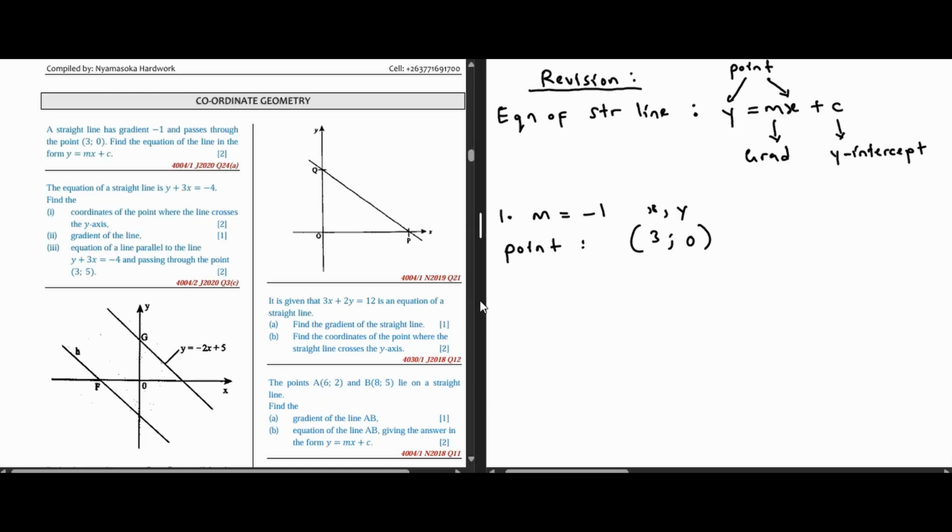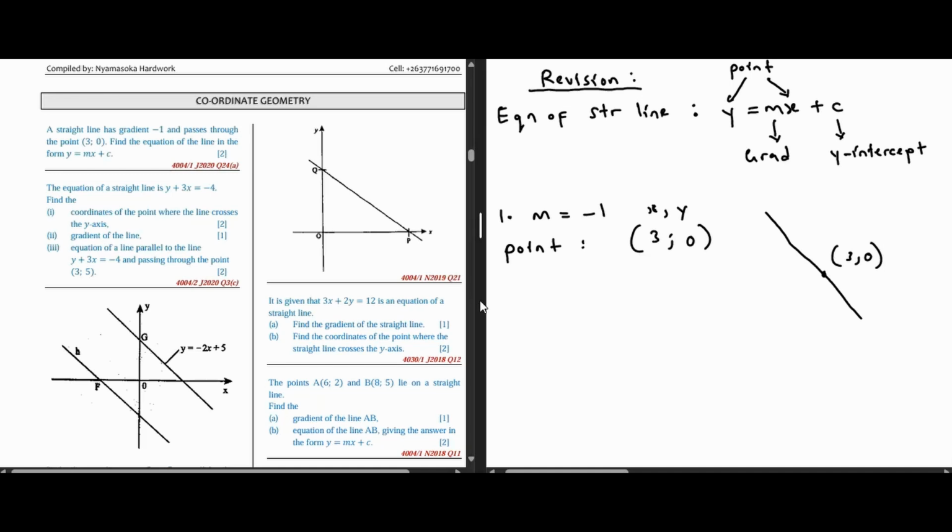But since our gradient is negative, if you remember well, that line really should be downward sloping. So let us draw a line like this. Then this is the point we have, (3, 0). We do this to dramatize our situation so that we can answer it properly.